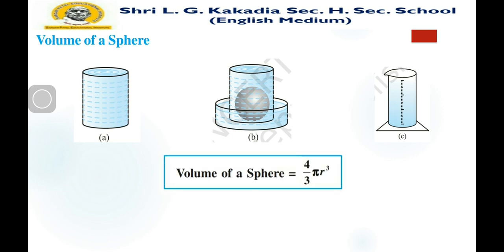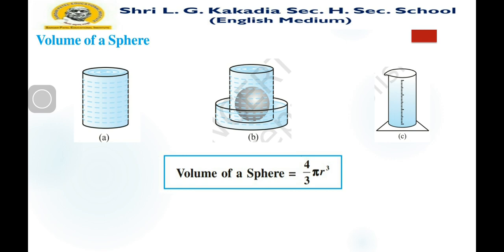Now, the volume of a sphere is equal to 4 by 3 pi r cube. After finding the volume of displaced water, we can find that the volume of any sphere is equal to 4 by 3 pi r cube.